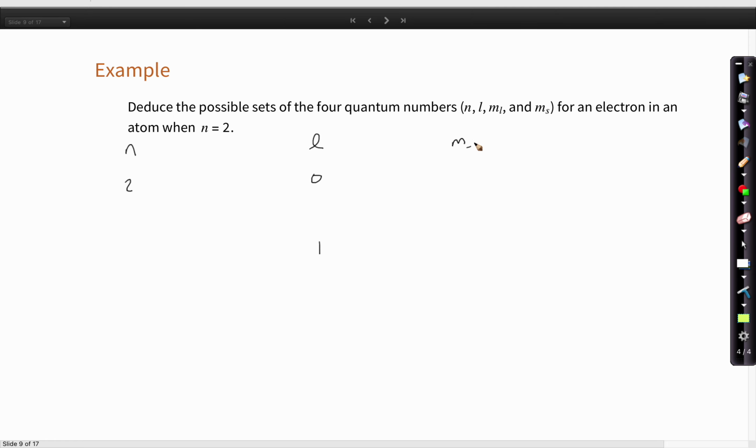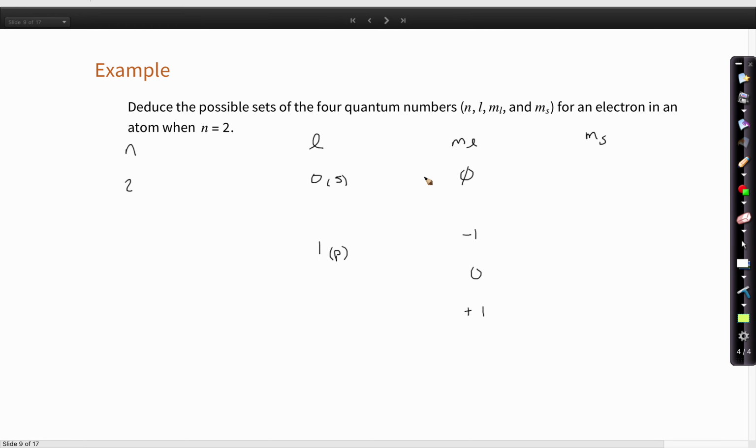What are the allowed values of m sub l? For this first one, this is an s orbital, and so the only allowed value here is just 0. For this one, we have a p orbital, so we have 3 possibilities: -1, 0, and +1. And then we also have an m sub s to deal with.